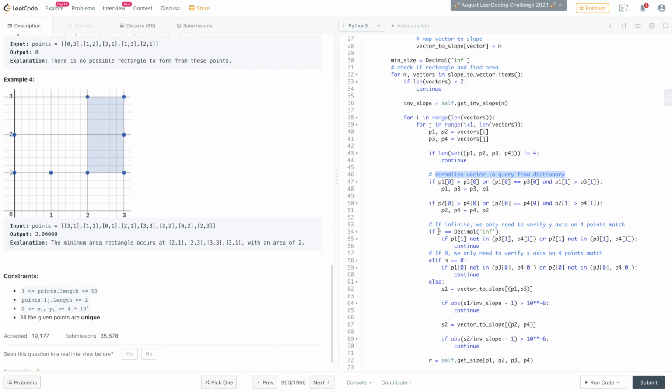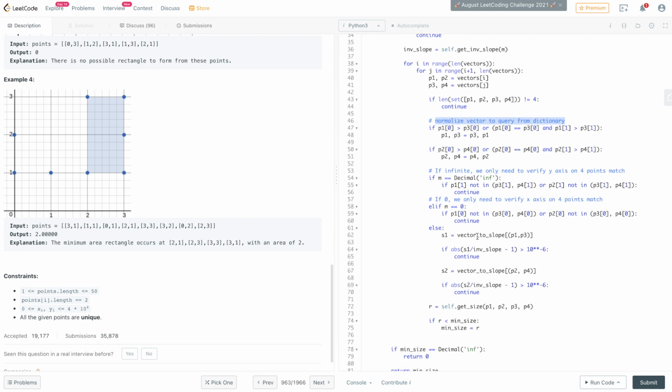If it doesn't, we could just skip to the next vector. And we also do the same check for whether we're looking at a rectangle when the vector itself crosses the y-axis. At least the slope does. And if it doesn't, then we could skip this case.